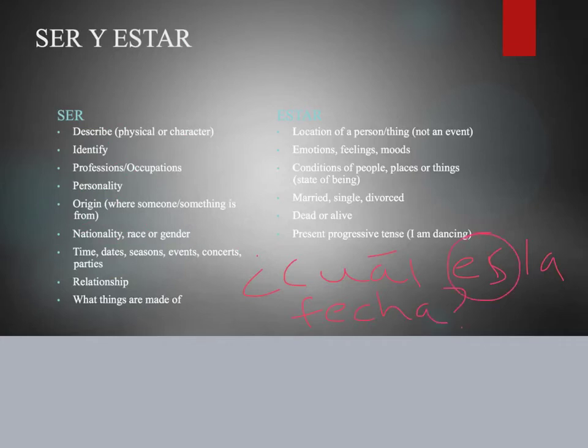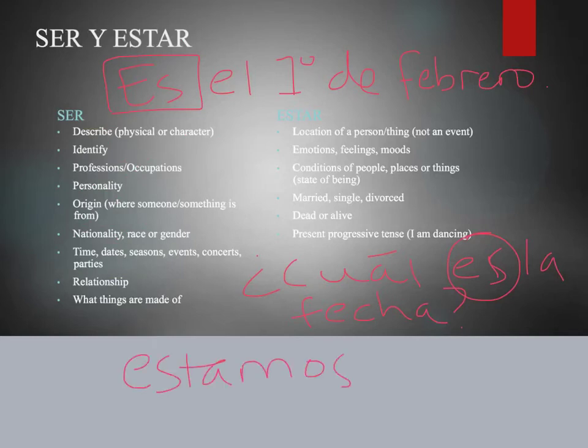Of course, if I say the date, es el 1 de febrero, I'm going to use es when I give the answer there, most of the time. There will be some times where you might say something like estamos a, we're at right now, el 1 de febrero, but we're not going to get into that today.